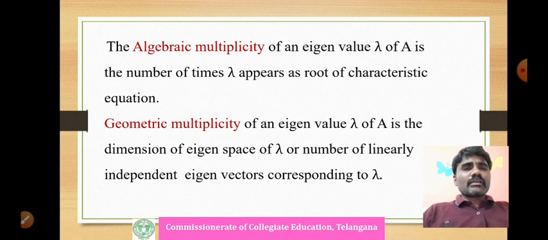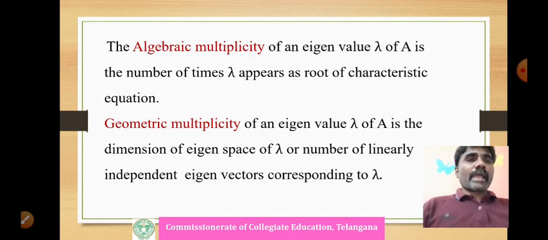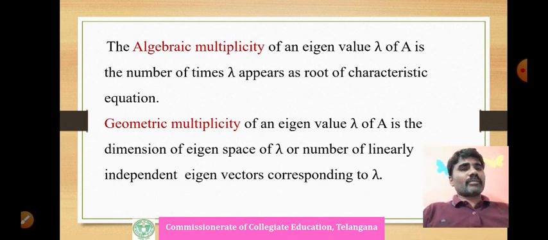Now similarly, geometric multiplicity is the number of independent eigenvectors. The number of independent eigenvectors corresponding to the eigenvalue lambda is known as the geometric multiplicity. Not only eigenvectors, but independent eigenvectors, or the dimension of the eigenspace.